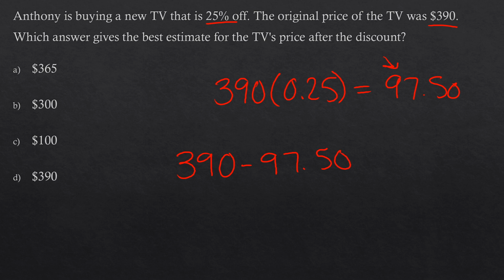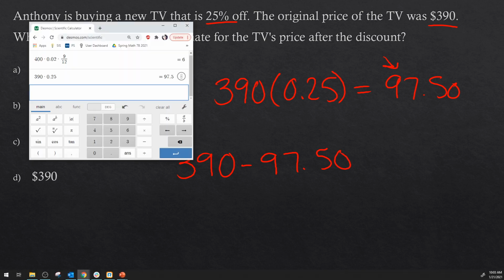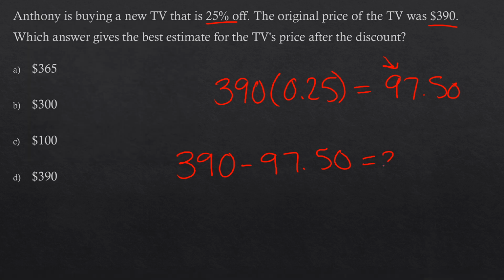So 390, I'm going to subtract 97.50 from that, and I get 292.5, which means that 300 is going to be the closest, right? Out of all those answer choices, the best estimate is going to be around $300 for Anthony's new TV.